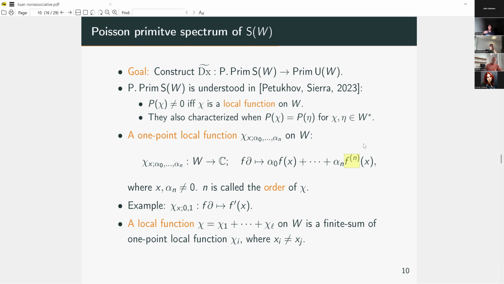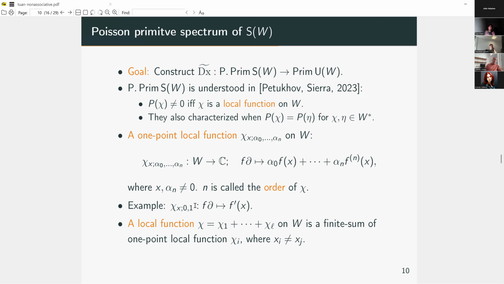This notation means f to the nth derivative, evaluated at x. Here I assume, for some technical reason, remember that W is Laurent polynomials times del, that x is non-zero. And we also want to assume alpha_n is non-zero. And n here is called the order of chi.